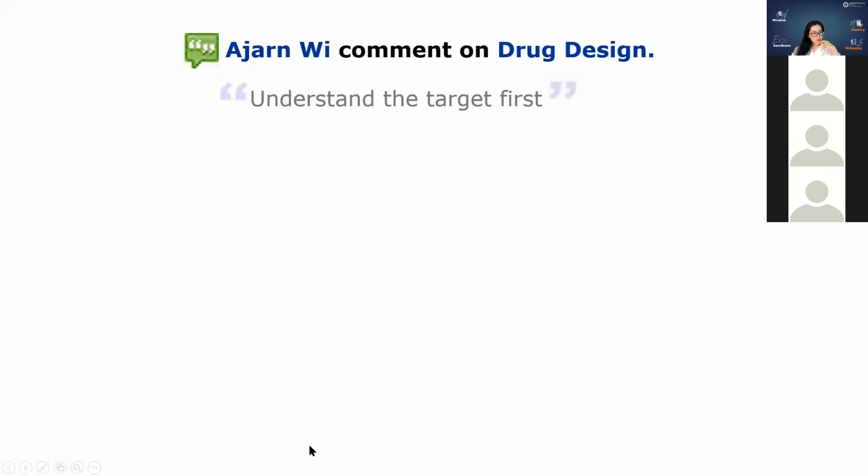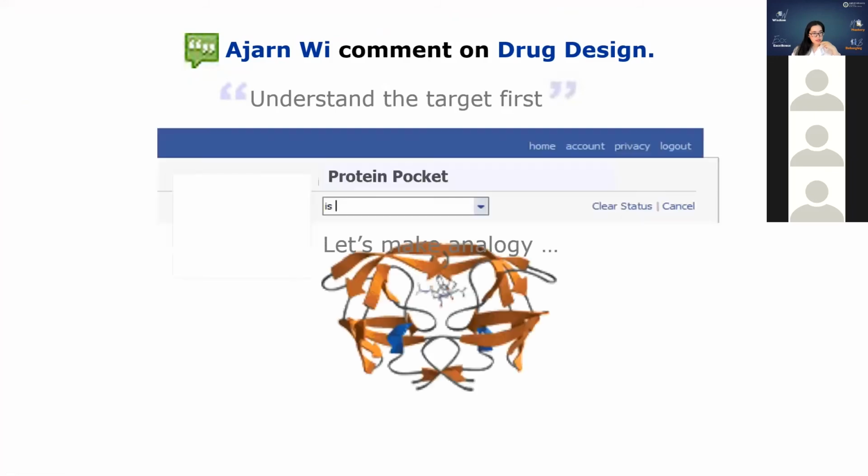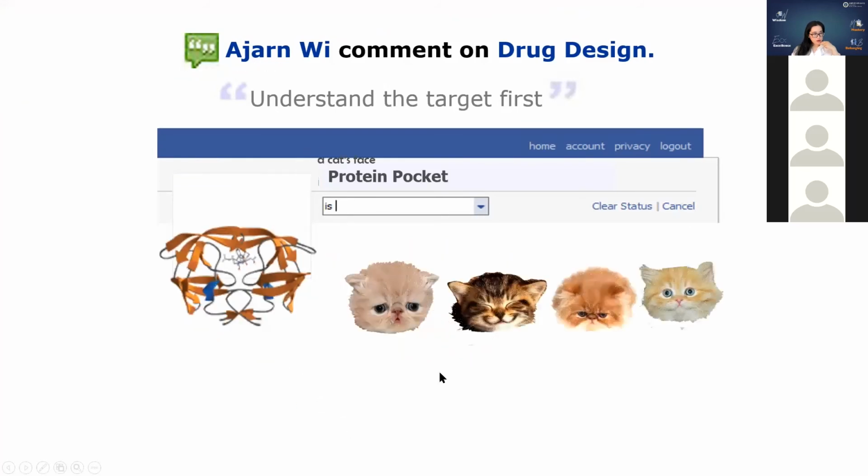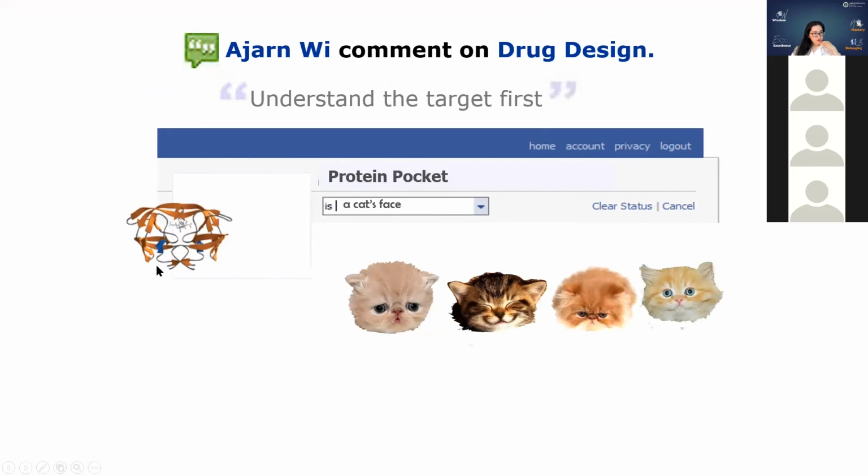So in drug design, first we need to understand the target. Let's make an analogy. If the protein pocket looks like a cat face, we can know that, okay, it looks like a cat. Why does it look like a cat? It should have ears like this, eyes, three whiskers and a nose.